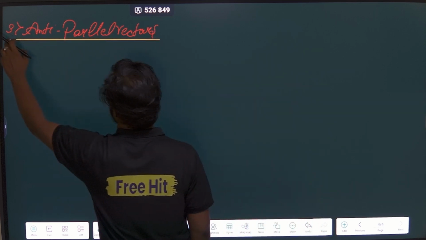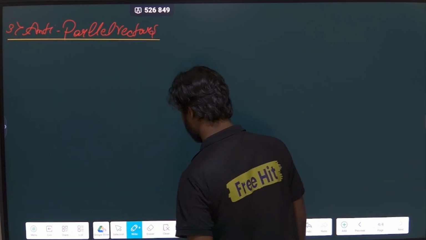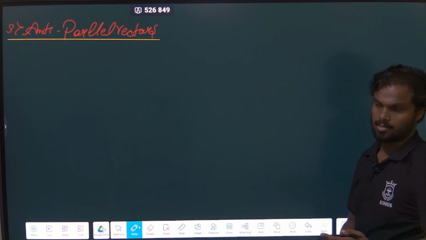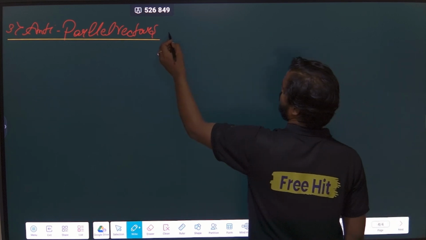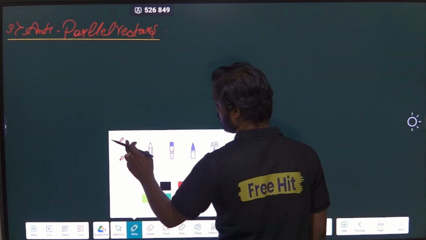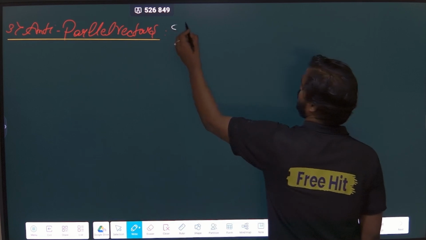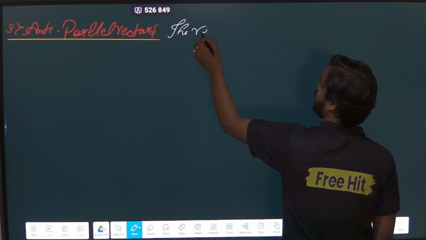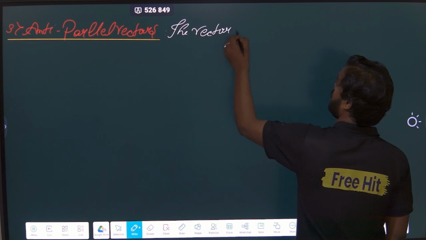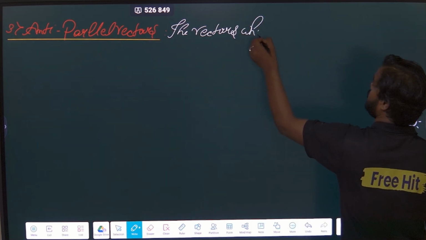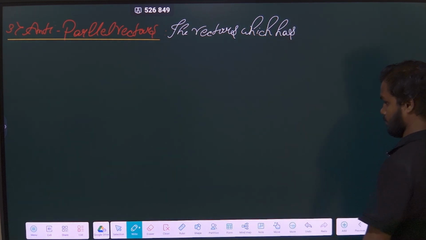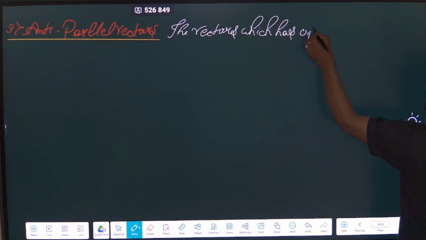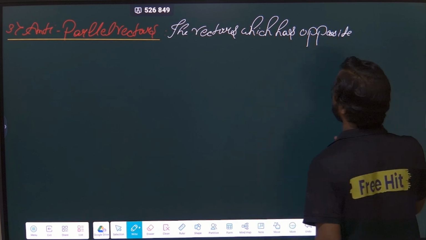They are vectors which have opposite directions, meaning they are opposite of each other in direction. Okay, opposite direction.